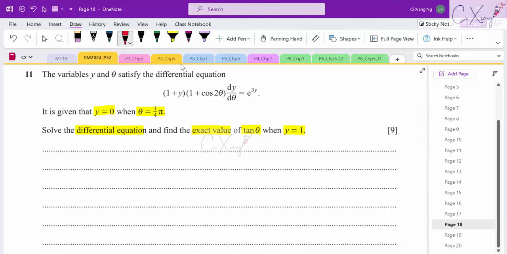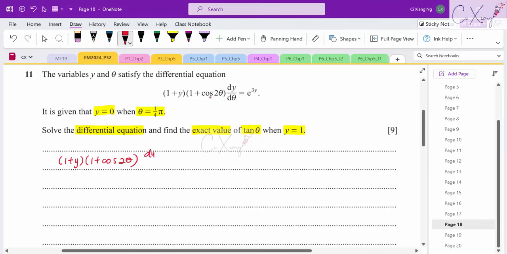So first of all, for any differential equation given, we try to separate the variables to two different sides, before we can get the general or particular solution. Okay, so this is my differential equation that I have here. So let's start. I have 1 plus y, then 1 plus 2 cos 2 theta, dy dx equals e power 3y.